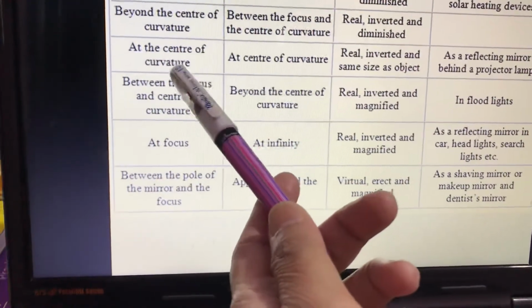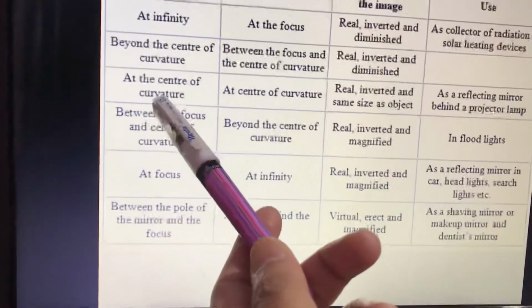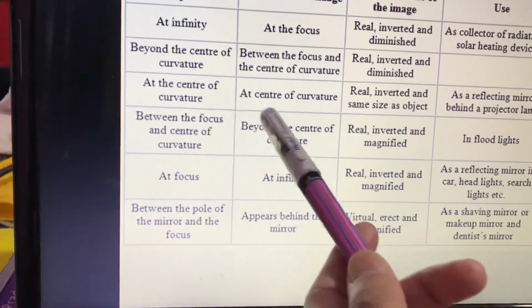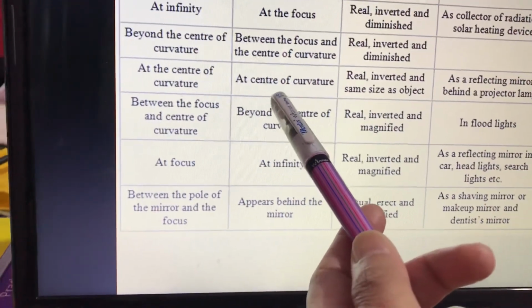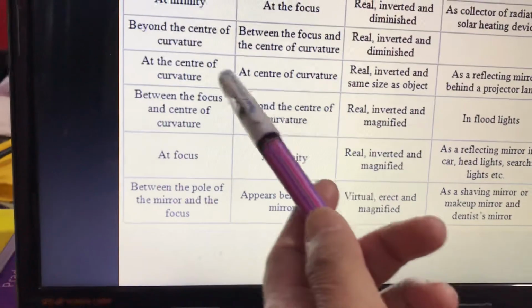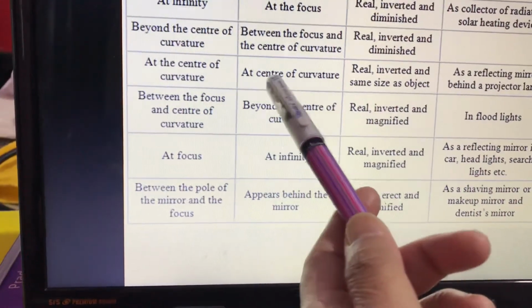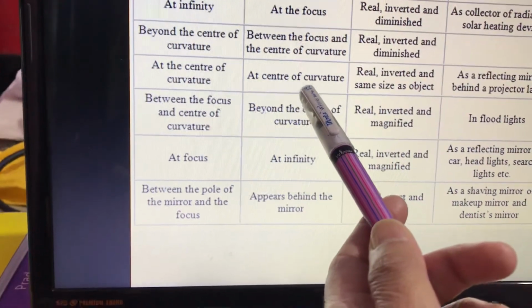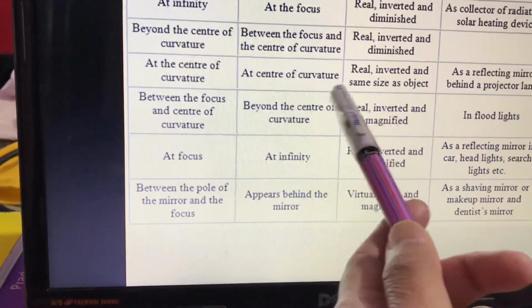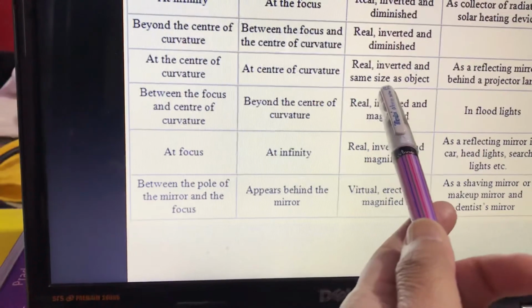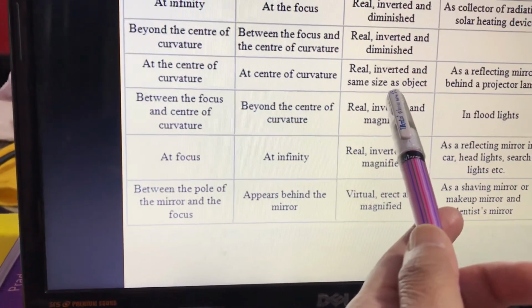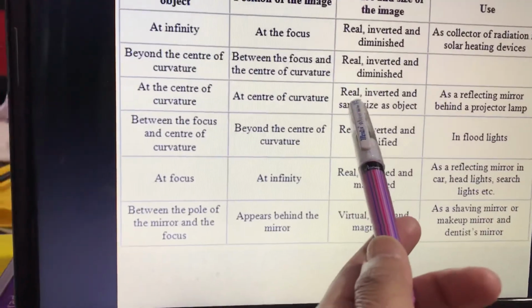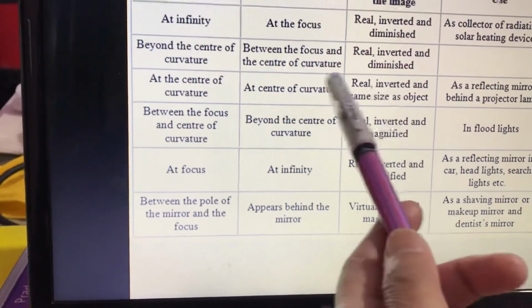At the center of curvature, if the object is placed at the center of curvature, the image would be at the center of curvature. So this is the only position where the object and image would be at the same point, and therefore the image would be of the same size as the object, real and inverted.